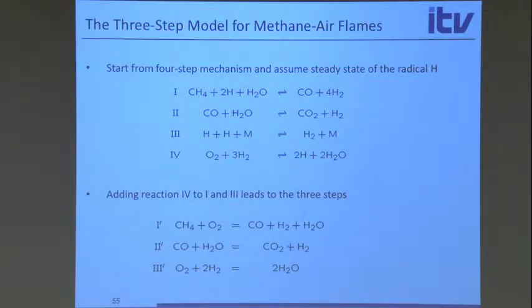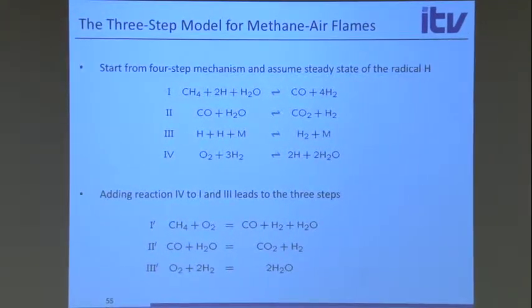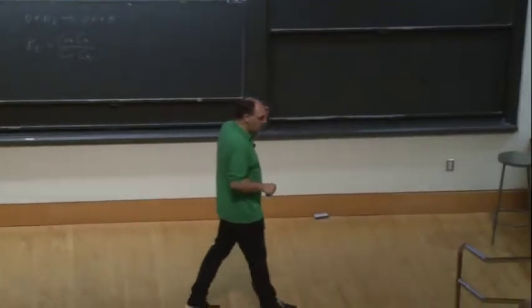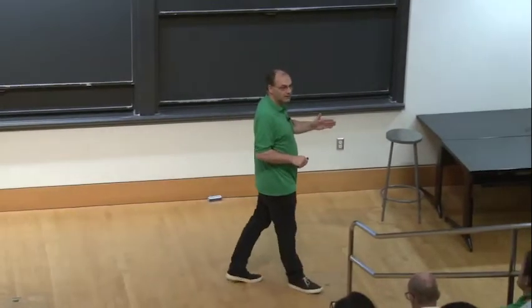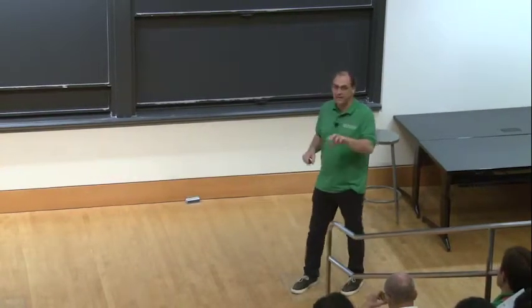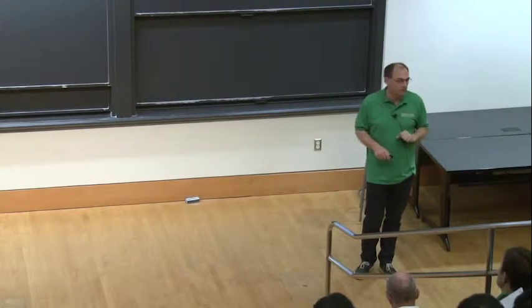Now, one thing that's very instructive is to derive from this a 3-step mechanism. Why is this instructive? What I want to do is set the hydrogen radical in steady state. If I do that, I get an analytic expression for the concentration of hydrogen.